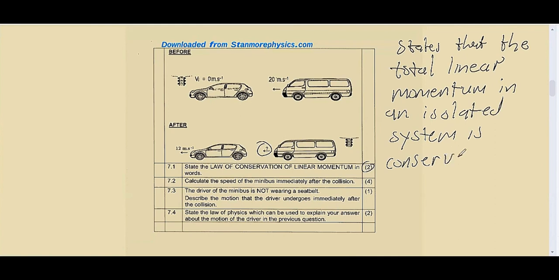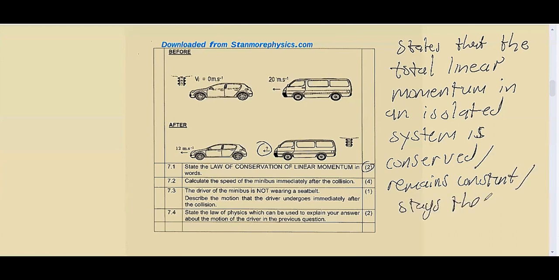Now, I am aware that some documents may write it as remains constant, and then sometimes they might just say stays the same. So either way, you'd be correct. The total linear momentum in an isolated system is conserved, or it remains constant, or you can say stays the same. All this mean the same thing.